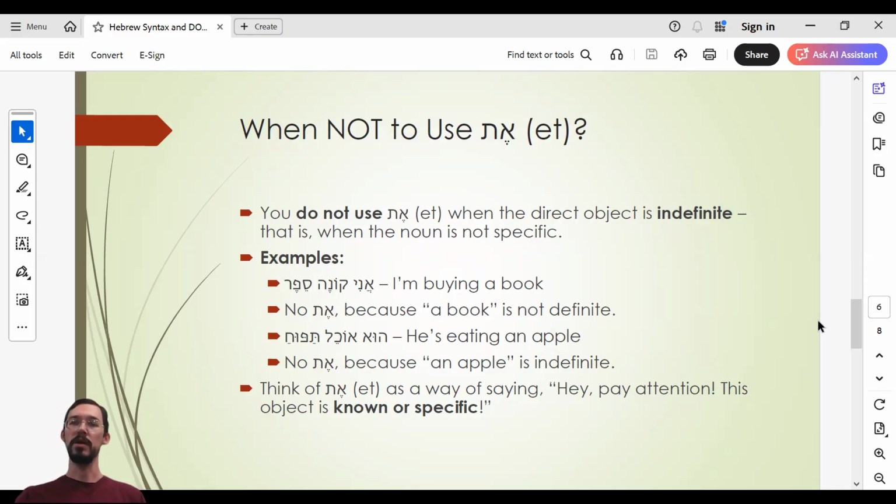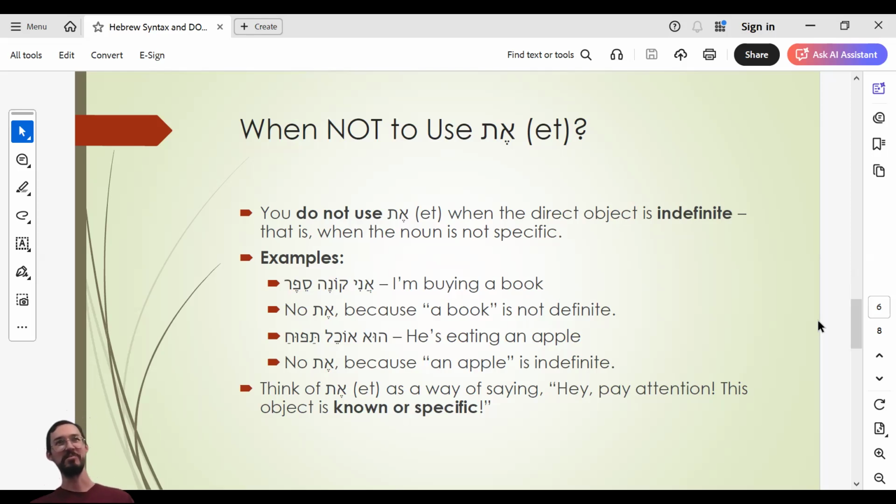When I'm not using it, the opposite is true. When the object is indefinite, I would not be using it. When I'm buying a book, maybe I'm telling it to somebody, he doesn't need to know what kind of book I'm buying. Maybe I'm a Jewish person, I'm buying a New Testament.